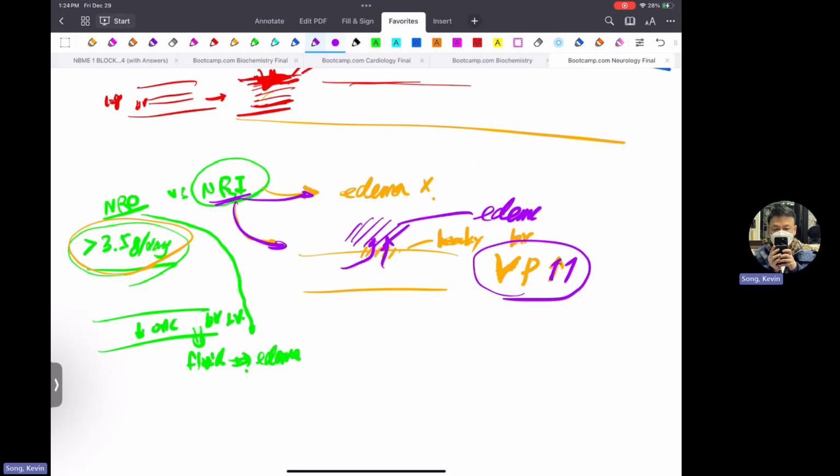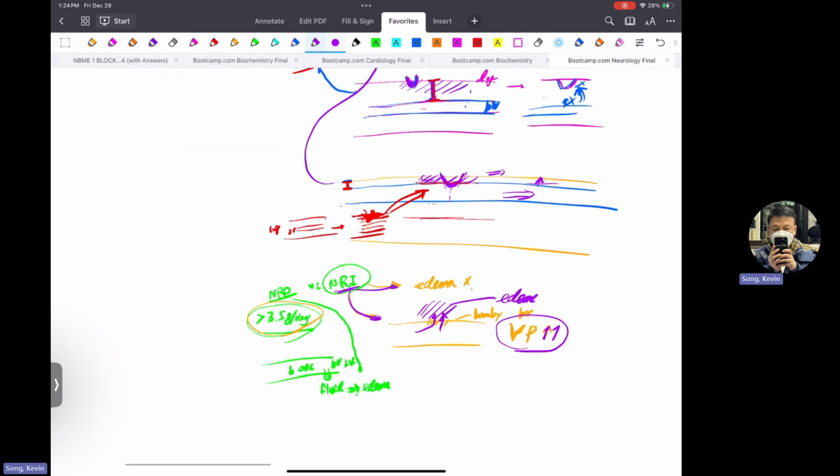Whereas in nephrotic syndrome, the protein level inside the blood vessel will be decreased because you're losing proteins into the urine. So it will not attract fluid into the blood vessel, which means fluid will accumulate outside the blood vessel. That will cause edema, right?